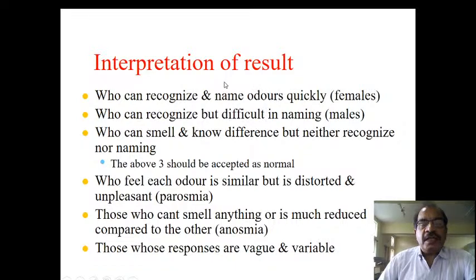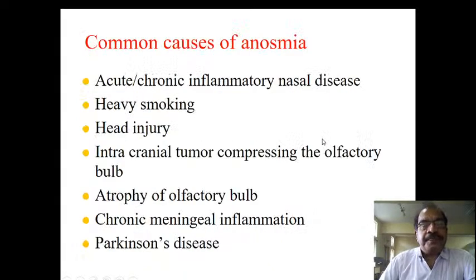Secondly, whether the patient can name what odor it is or not, and whether it is bilateral, symmetrical or not. So you have to take into consideration all these points: first, ability to smell something, then ability to name it, and whether it is the same on both sides or not. Depending on that, you have to find out whether there is anything wrong or not.